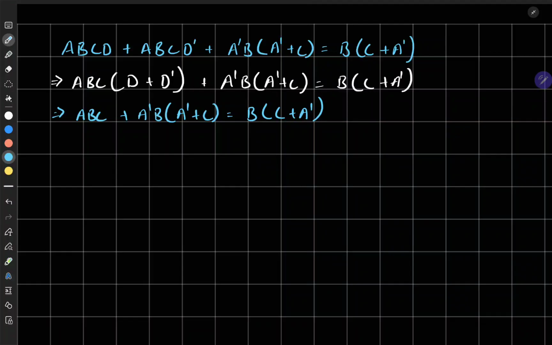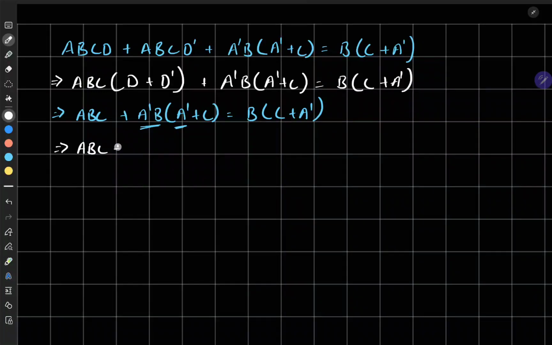So let's see here. We have that ABC, and then we have the A naught B, and then the A naught on the inside. So right here we have the A naught B and the A naught. Let's try and play with that for a second.